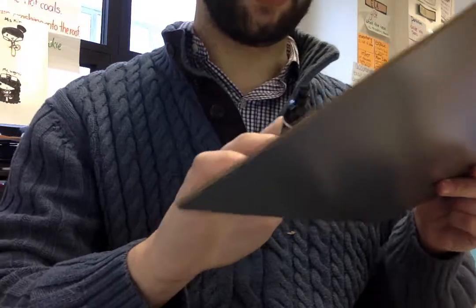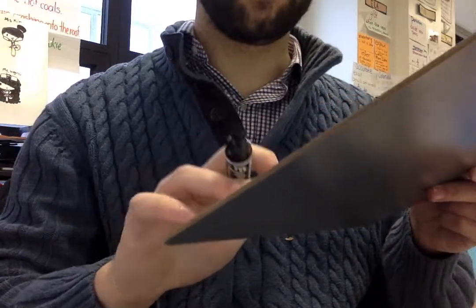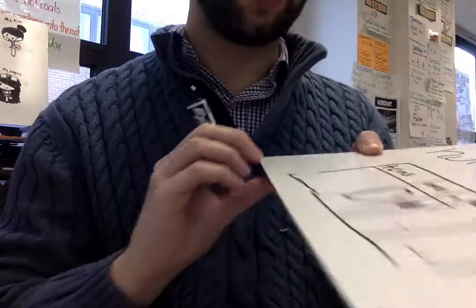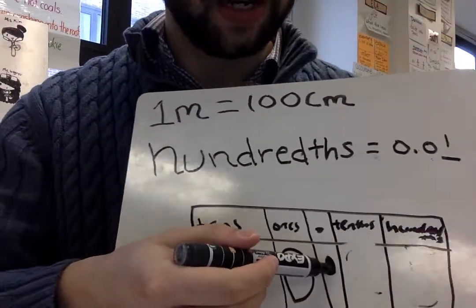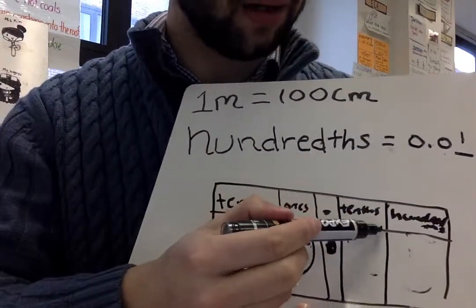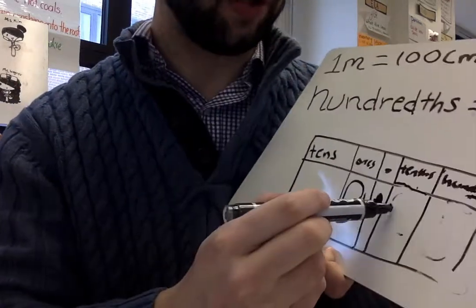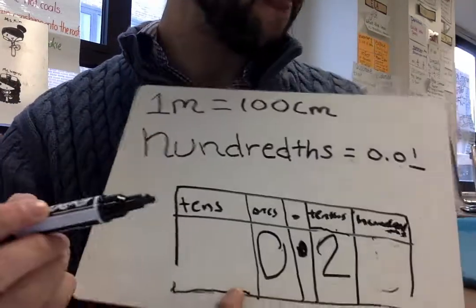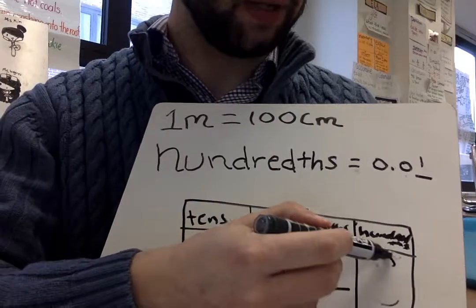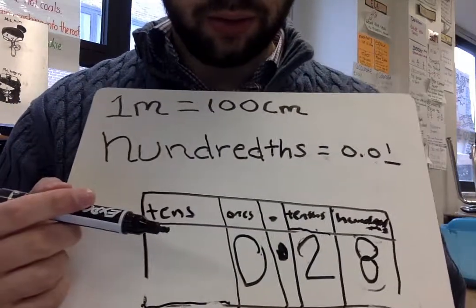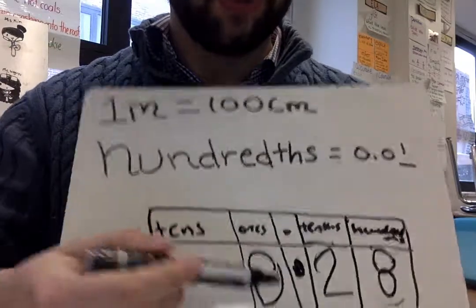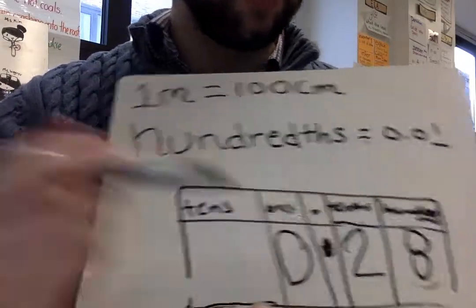Or I can draw my place value chart. I know that 28 hundredths is less than 1. So I have my 0 in my ones place and my decimal point. In my tenths place, I have a 2. And in my hundredths place, I have an 8. So in decimal form, it would be 0.28.